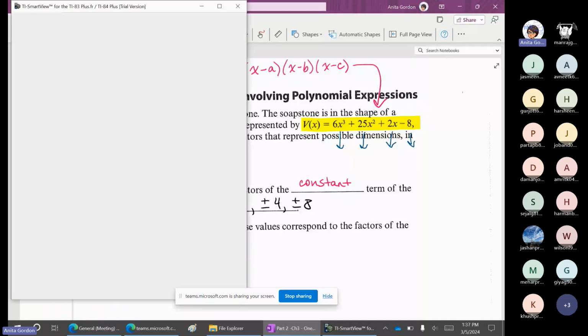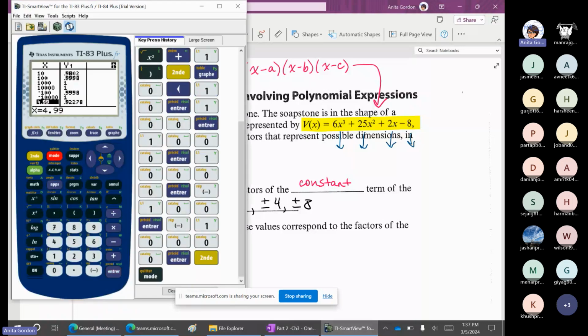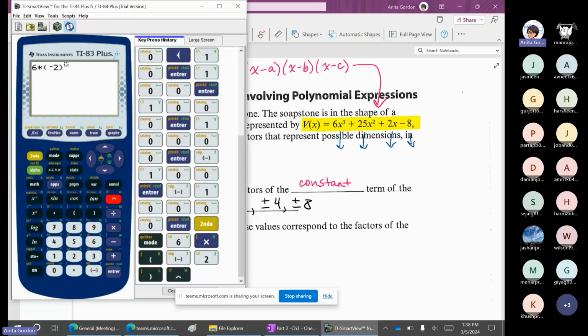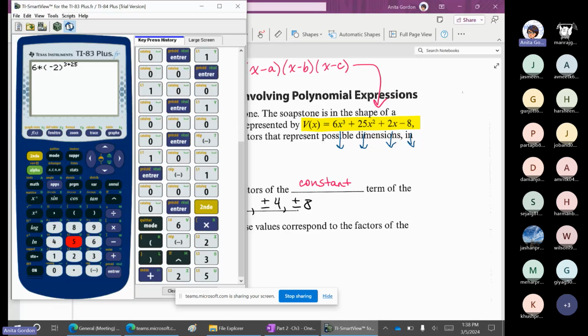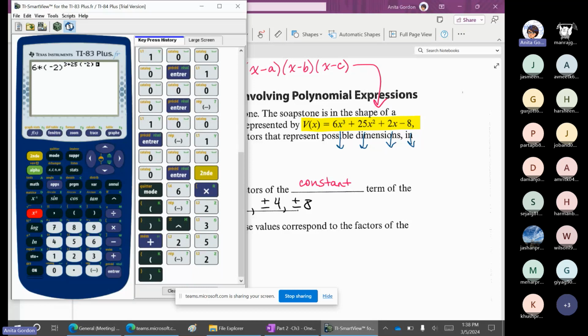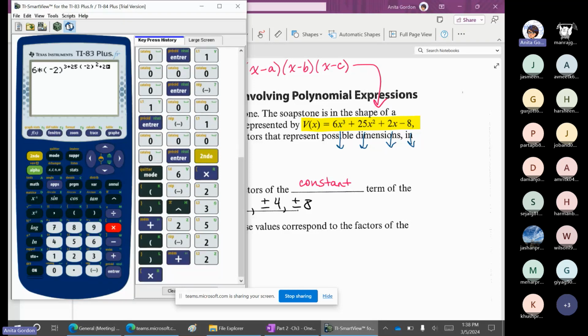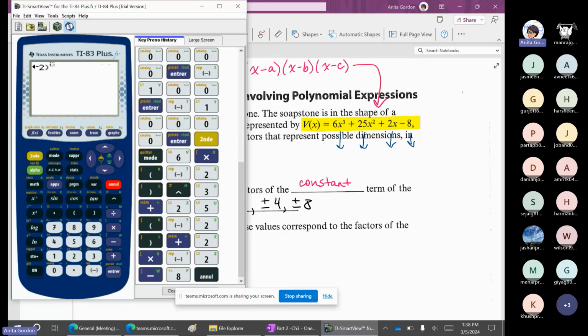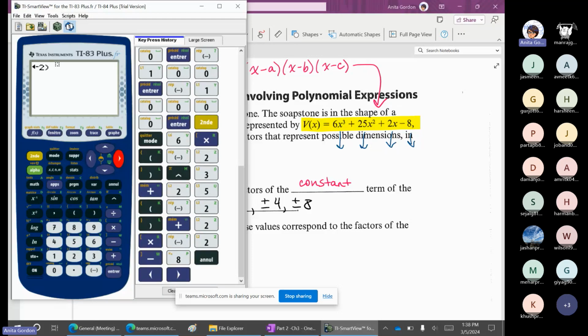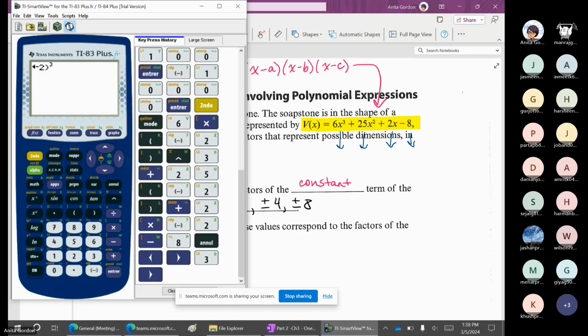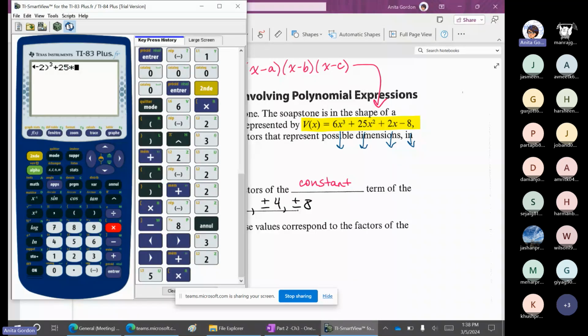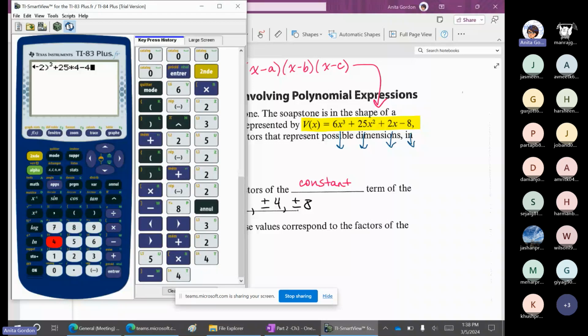Let's use a calculator to make our lives easy. 6 times negative 2 to the power 3 plus 25 times negative 2 squared plus 2 times negative 2 minus 8.